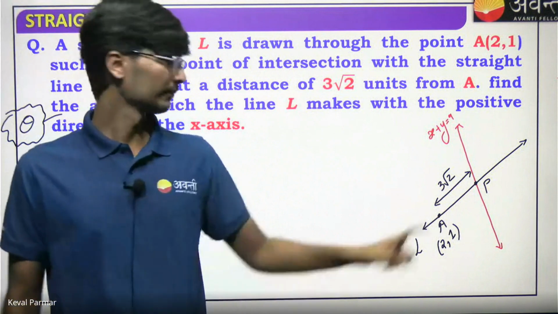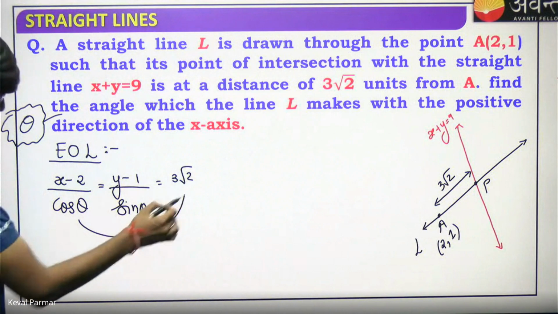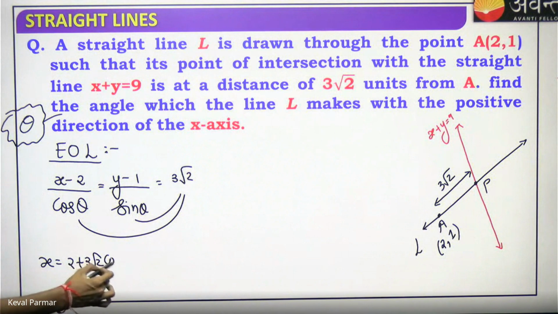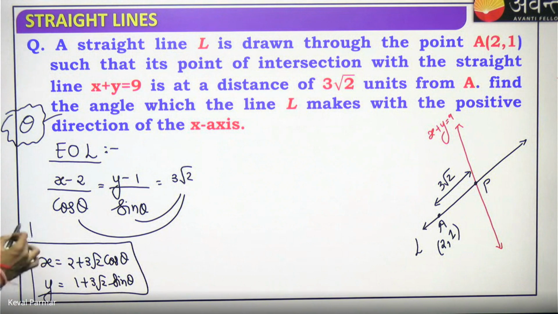R is the distance between these 2 points. So from here, if I equate these, I'll get x equals 2 plus 3 root 2 cos theta and y equals 1 plus 3 root 2 sin theta. These are the coordinates of point P.